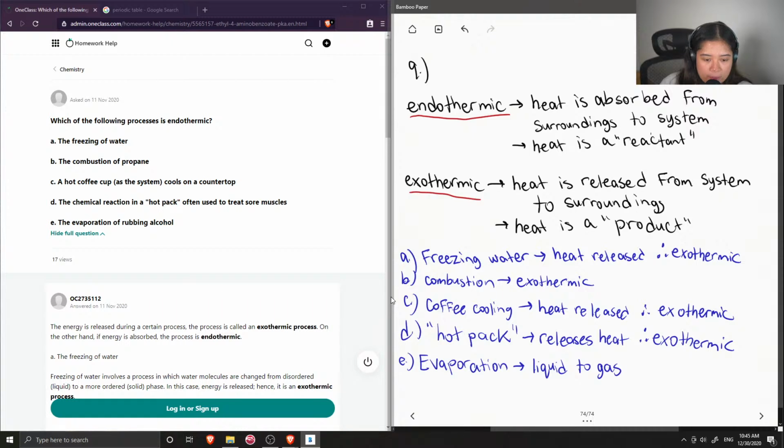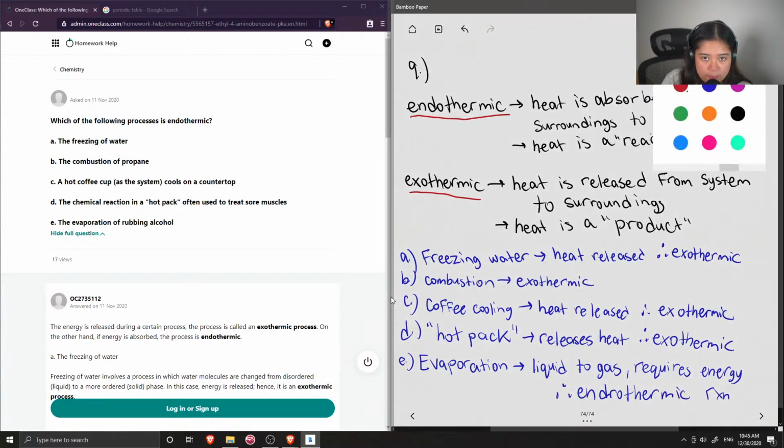When we have the process of the phase transformation of a liquid to a gas, this requires energy, which can be in the form of heat. So therefore, this is our endothermic reaction. And our answer is then option E.